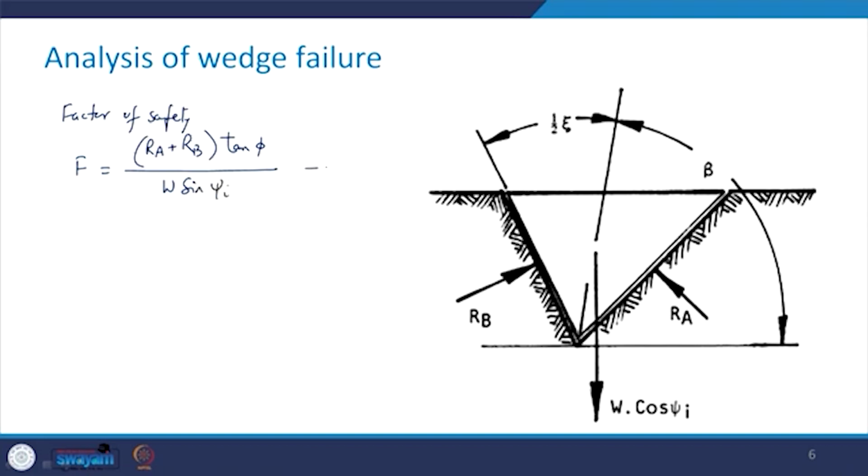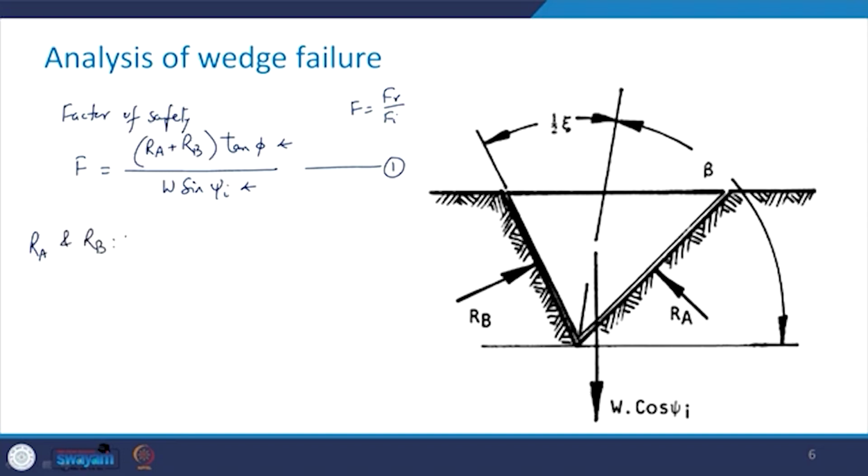Again the same fundamental concept, that is F is equal to Fr upon Fi. So, this is the force which will cause this wedge to slide, and this is what is going to be the resistive force.